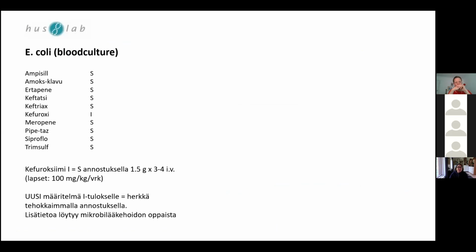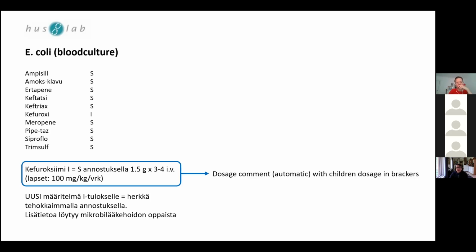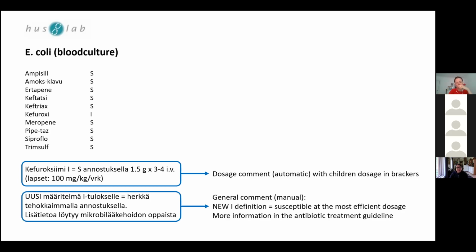It's a wild type strain, and as you see, cefuroxime is an I. Next slide. So we had in the report 2 different comments. The first one is a dosage comment, and you have in parentheses the children's dosages, and then the second one is a general comment which gives the definition of the new I.